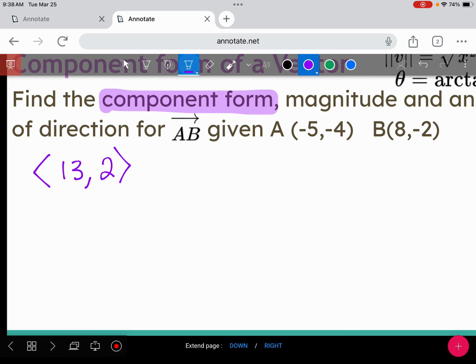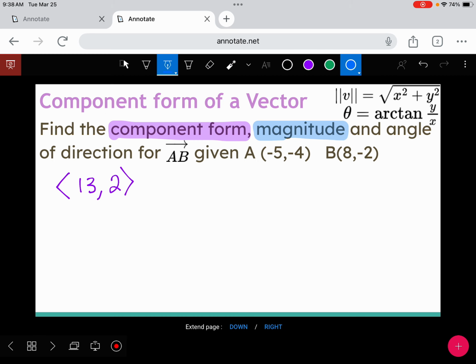Find our magnitude. Square root. You have a calculator.